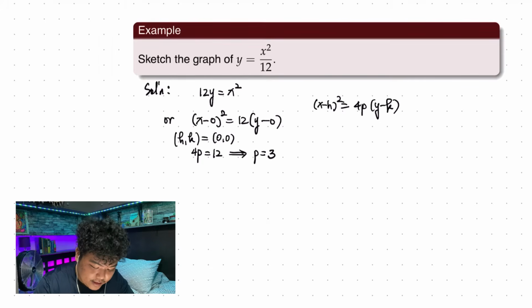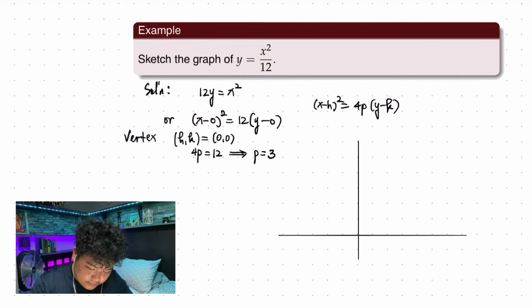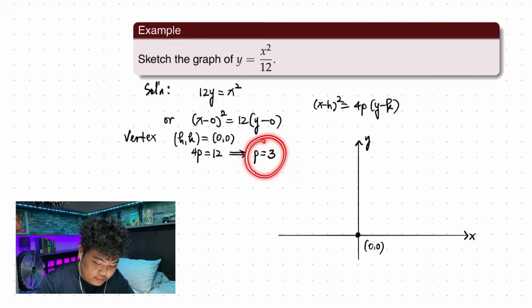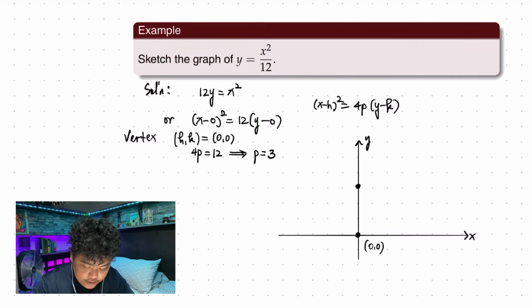So, let us sketch the graph. Sulat nga natin, this is the vertex. So, madali-dali ito example na ito. Your vertex is at the origin. So, this is x, this is y. And then, opening upward. And yung focus mo, 3 units away from the origin. Kasi yun yung vertex mo. So, this is the focus, 0, 3.